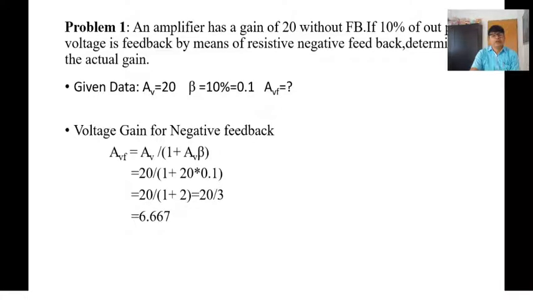This is a negative feedback, and therefore the formula used is: gain with negative feedback is equal to gain without feedback A upon 1 plus A beta. Now you substitute all the factors here, and you get the gain with feedback as 6.67. So this is one problem.